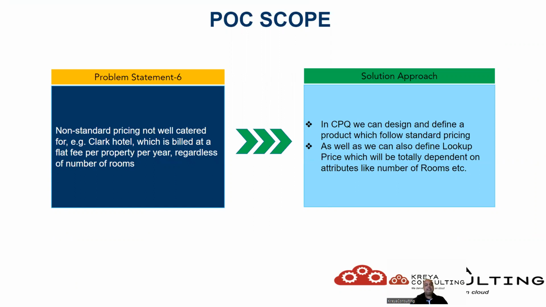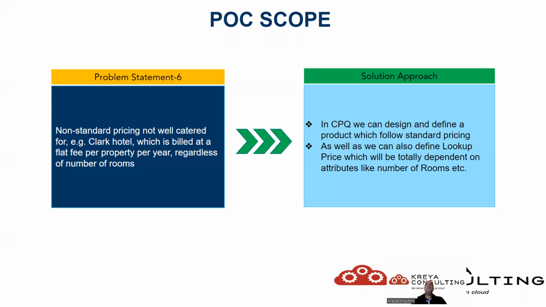In that scenario, they have different selling price mechanisms for different hotel rates. In one scenario, they would like to bill their hotel customers based on the properties, and sometimes they would also like to bill their customer based on the number of rooms.